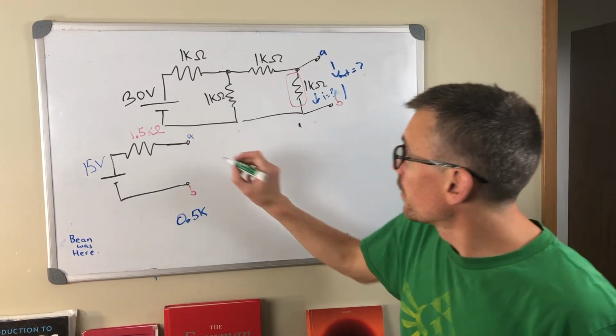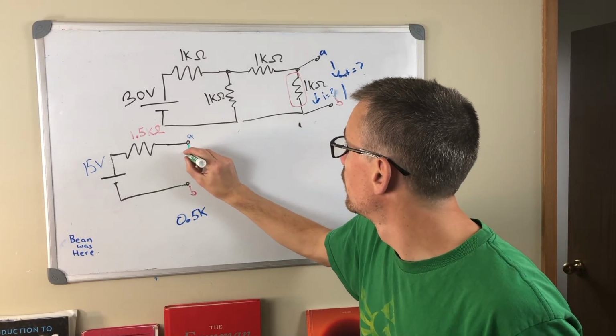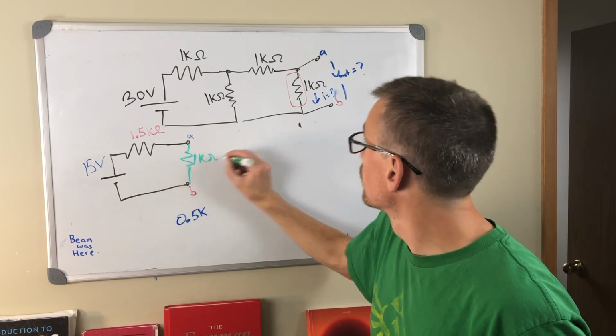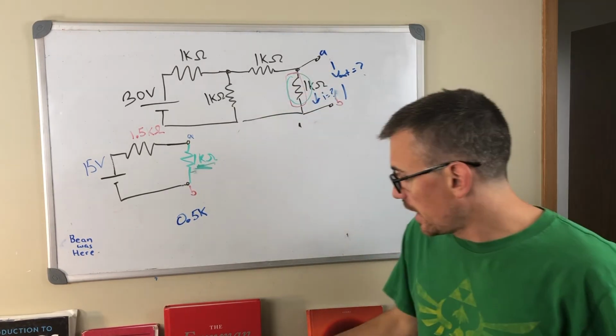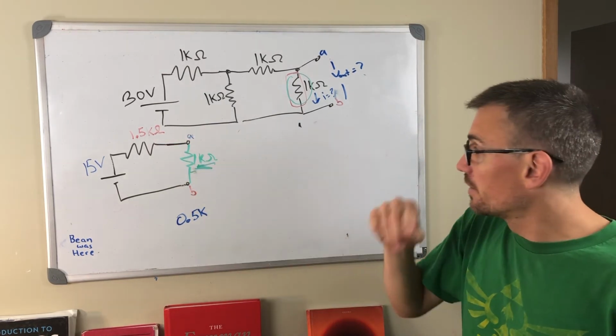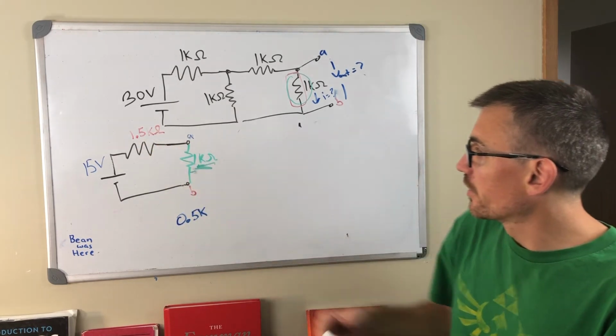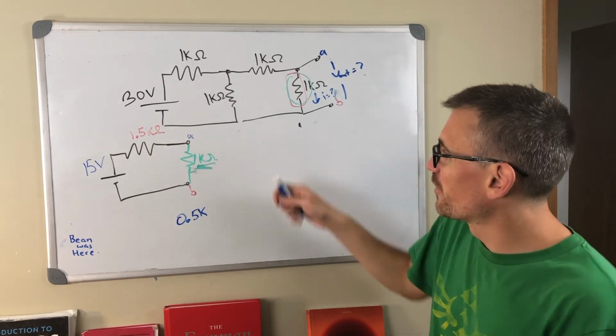So now we're going to put our 1K load resistor, this guy here. And this is our circuit here. So now we have our voltage divider equation. Again, everything's a voltage divider in this course.